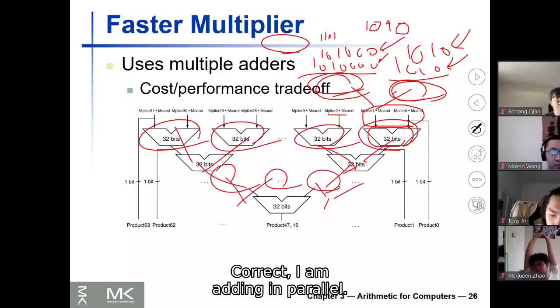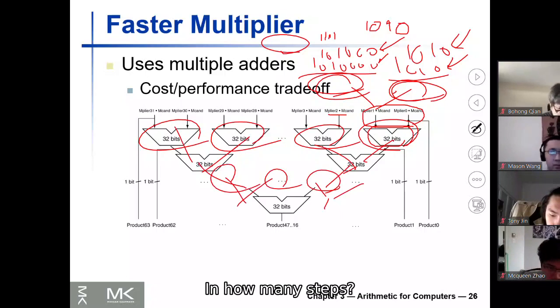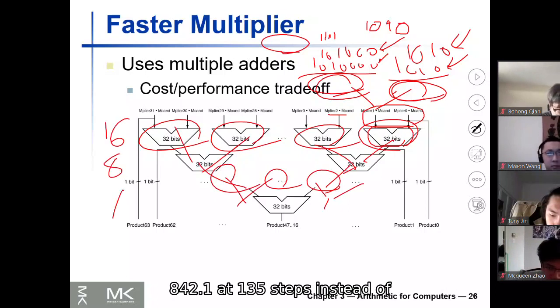Isn't it correct? So I am adding in parallel in how many steps? 16 add here, 8 add here, 4 add here, 2 add, and 1 add. 1, 2, 3, 4, 5 steps.